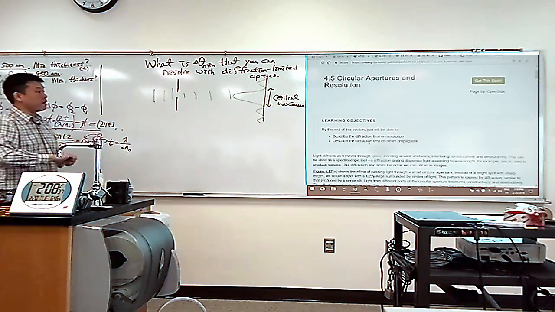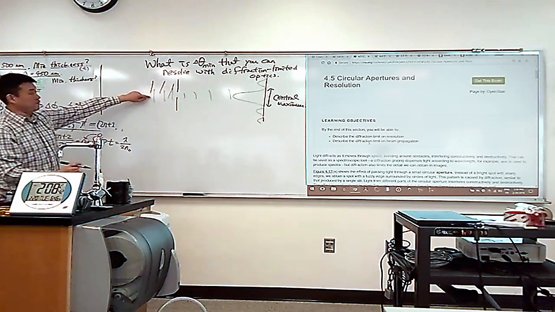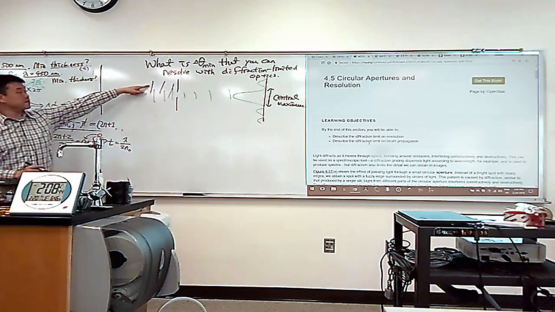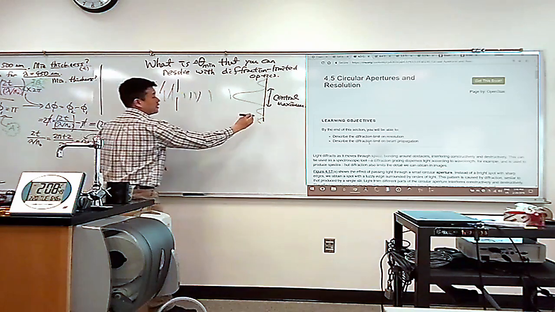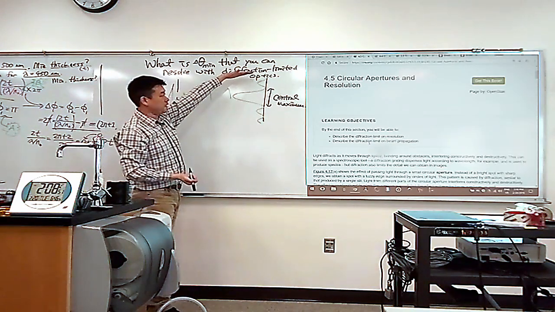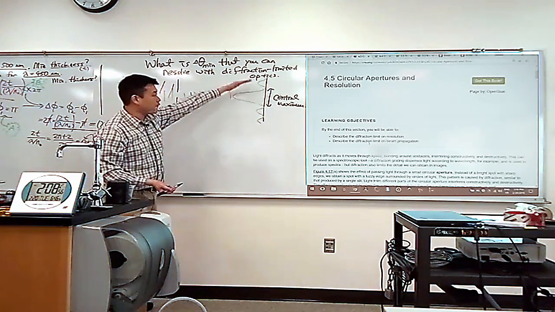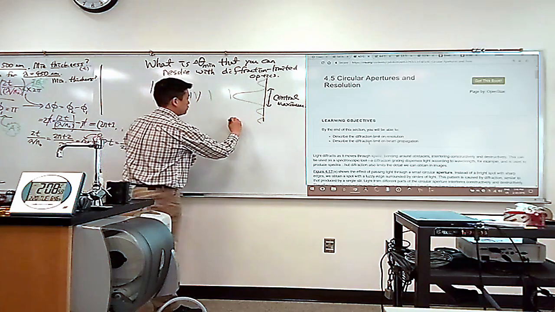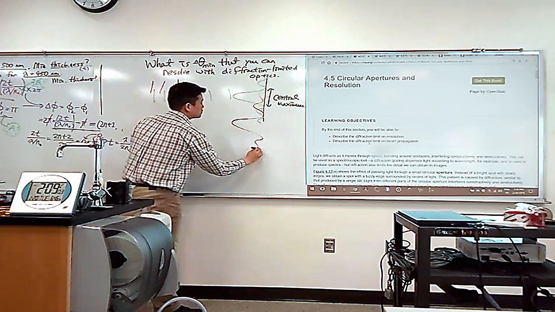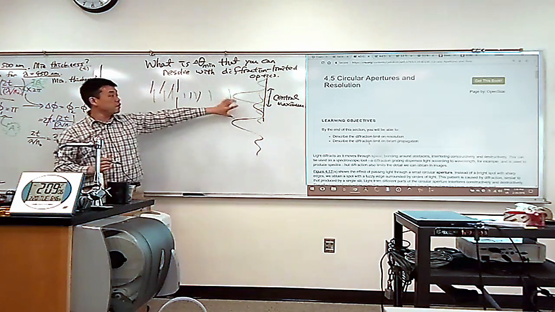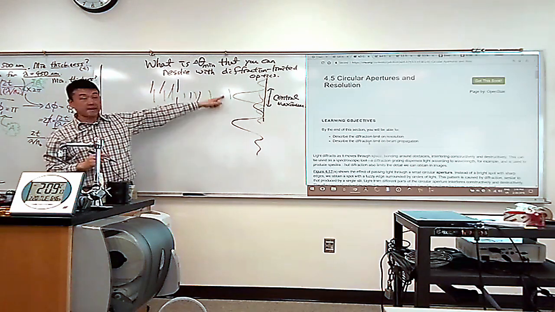If you have a second set of light that's coming in from a different angle, so if this is coming from a source here, this is coming from a source here, this would diffract through, and it would cast an intensity pattern here. And if they are separated far apart, then it would look something like this. One maximum here, one maximum here, you'll be able to tell them. Call that the angle delta theta.